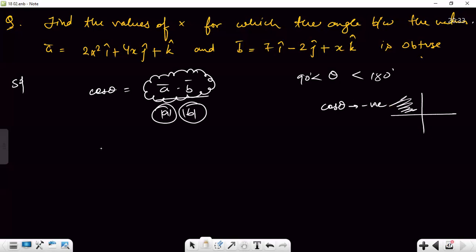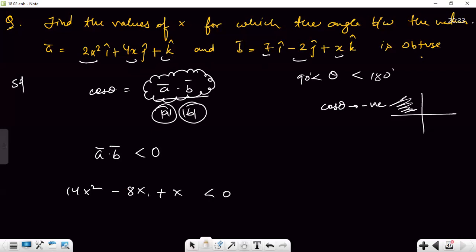Then A dot B should be negative. Let's find out the dot product. The dot product will be 2x square into 7, 14x square, 4x into minus 2, minus 8x, plus 1 into x, plus x, less than 0.